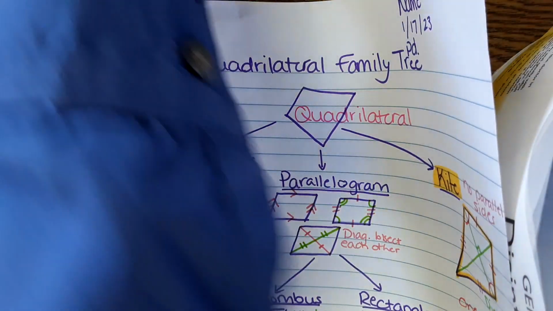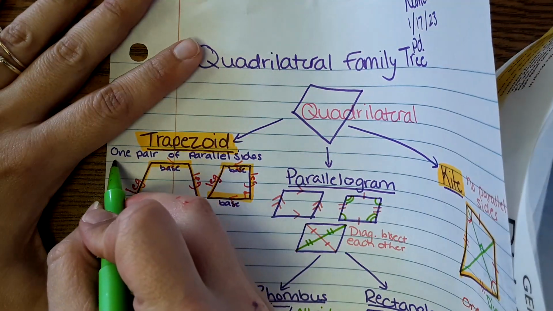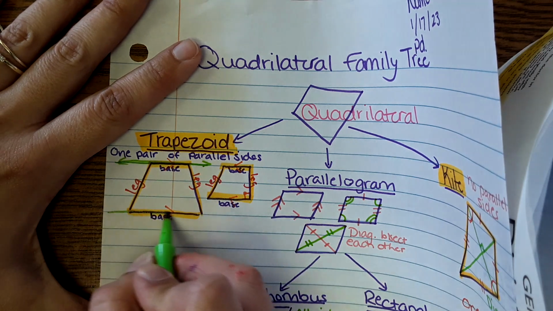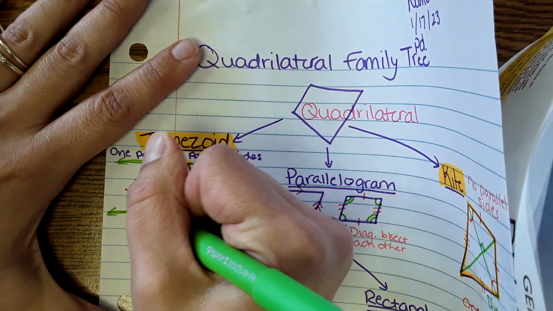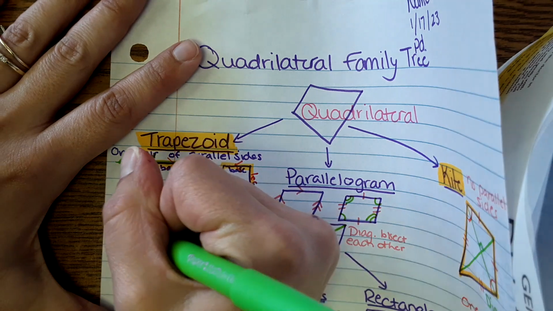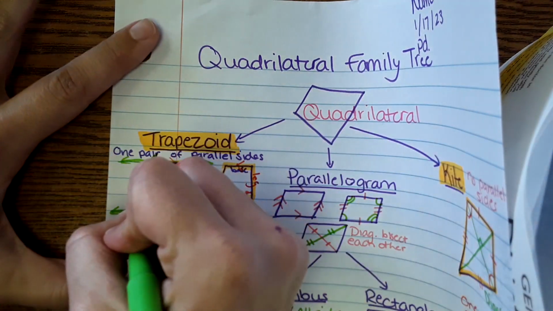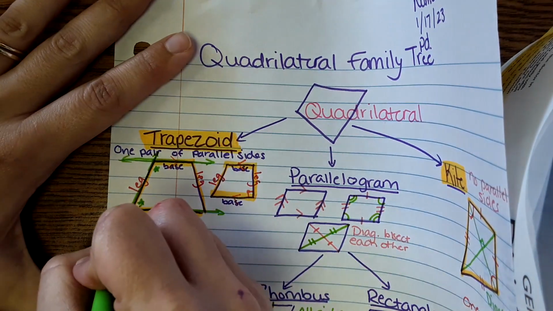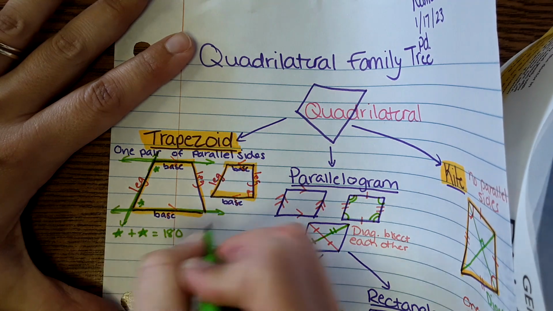Okay, one more thing here. Another thing that is important to note is because you have parallel lines right here, so this line is parallel to this one, then you have a transversal right here. So all those rules with alternate interior angles and all of that apply. More specifically, this angle and this angle are supplementary. So star plus star equals 180.